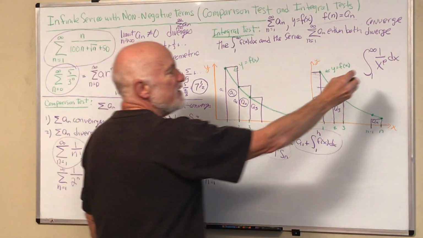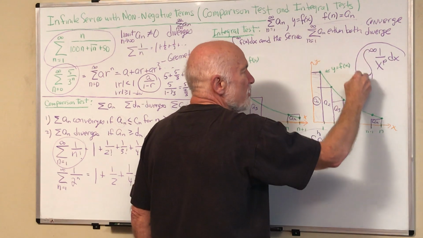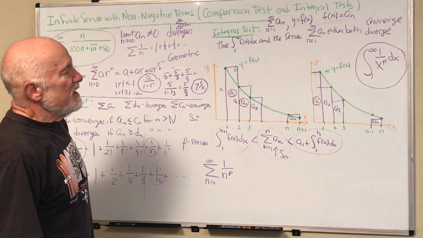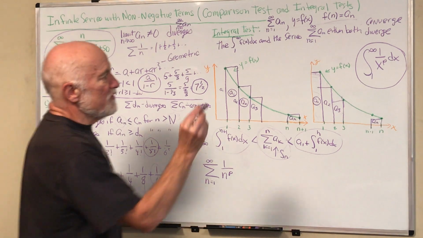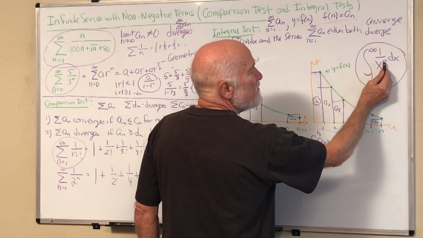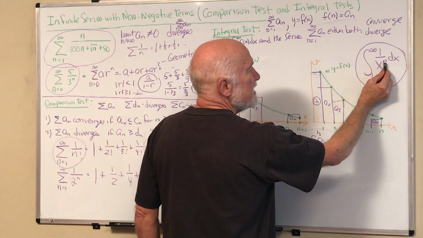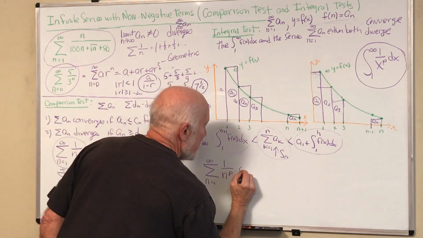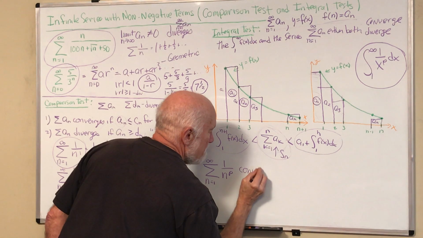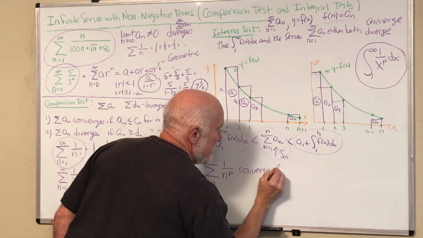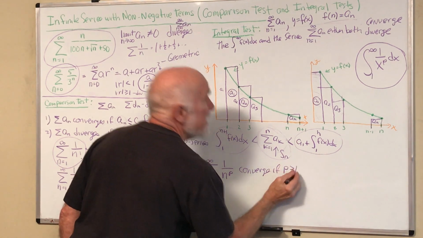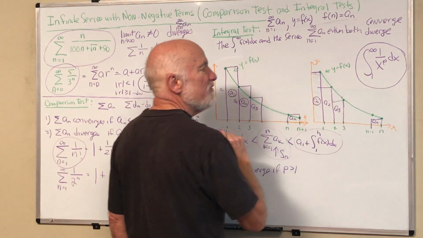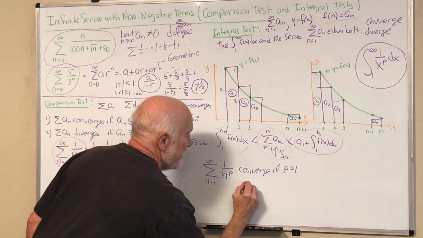Well, when we did the video on improper integrals, we proved that that converges if p is greater than 1. That means this series is going to converge if p is greater than 1, and we proved that this diverges if p is less than or equal to 1.